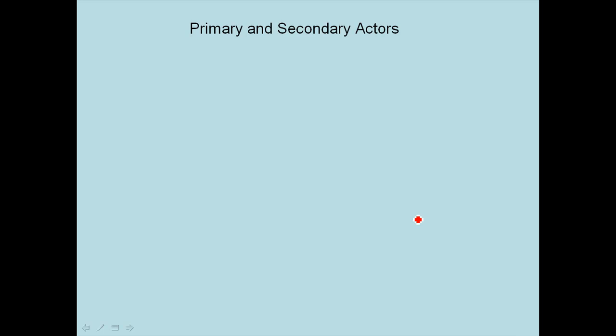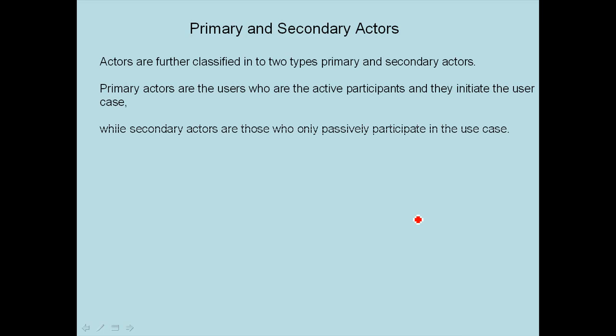Now in actors, we have two types of actors. One is the primary actor and the other is the secondary actor. Primary actors are the users who are active participants. They initiate the use case. For instance, let's say this is a simple requirement where the accountant logs into the invoicing system, and he or she prints the invoice, and the runner boy, or rather the office boy, takes the invoice and goes to the end customer to deliver the invoice and take money.